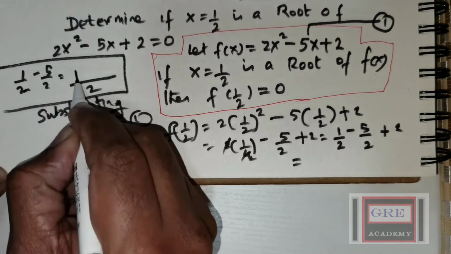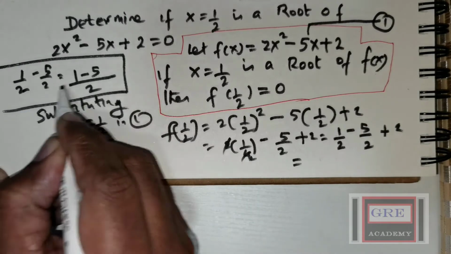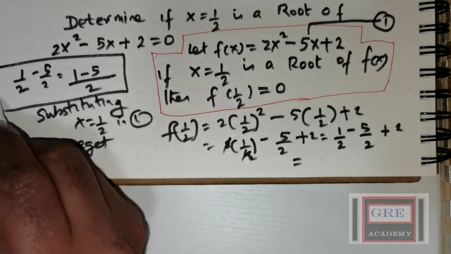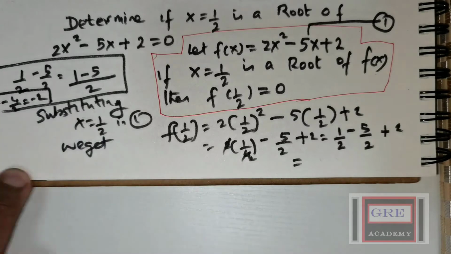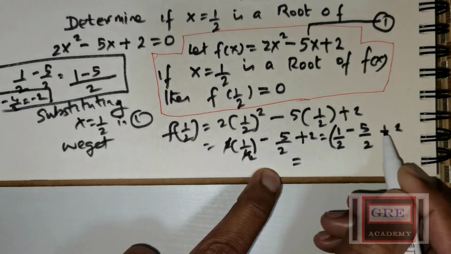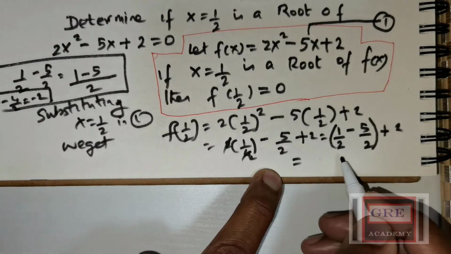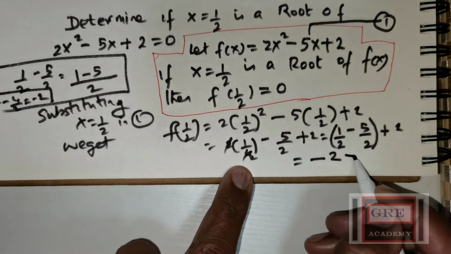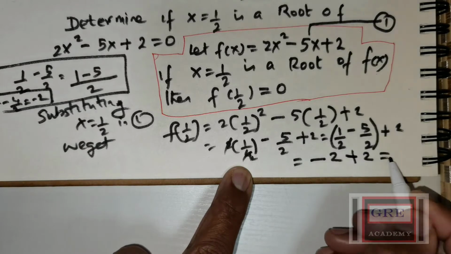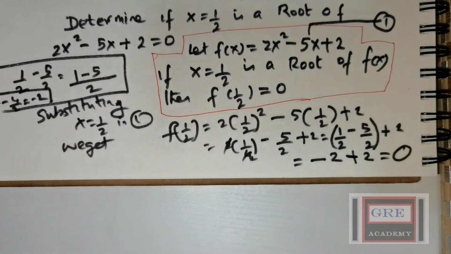So what do I get? I get 1 − 5, which is −4, divided by 2, which will give me −2. So when I simplify these two terms, I get −2. That has to be added with +2. So I get the outcome as 0.